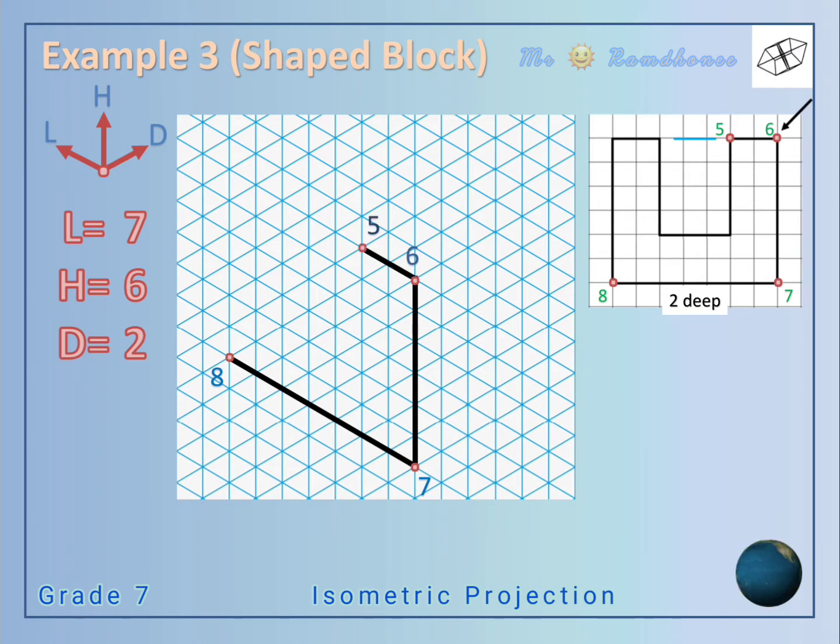We draw the line. Next we have point 4. Point 4 is 4 squares down from point 5. So we count 4 triangles and then we obtain point 4, and so forth. We can continue the drawing as such.